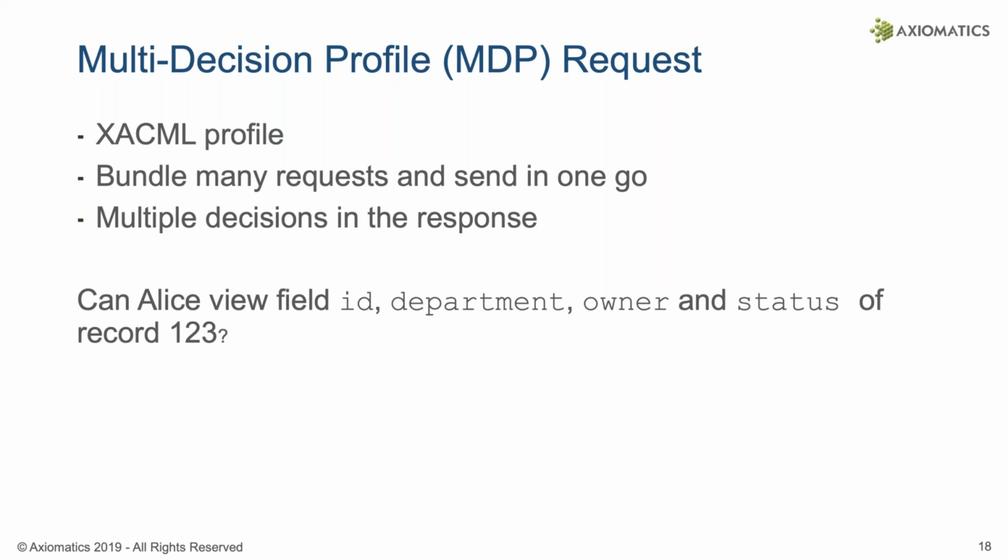To be more specific, I would have 4 different rules in my policy: one rule that controls access to the ID, a rule that controls access to department, owner, and status, and so forth. What we can leverage the multi-decision profile request for is that we can ask several questions in one go to the authorization engine.